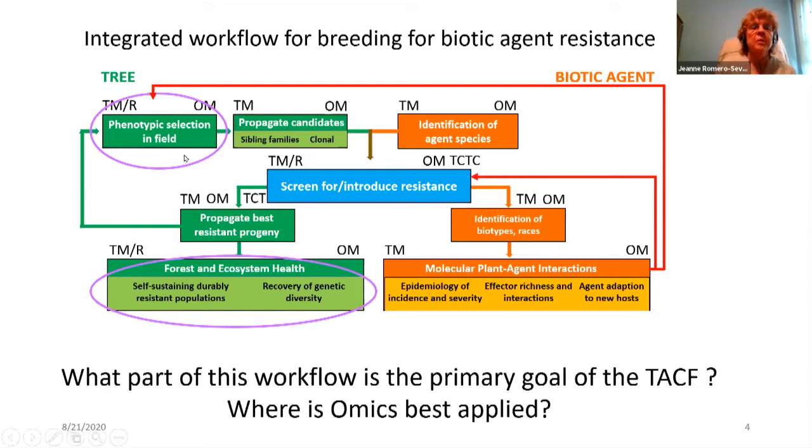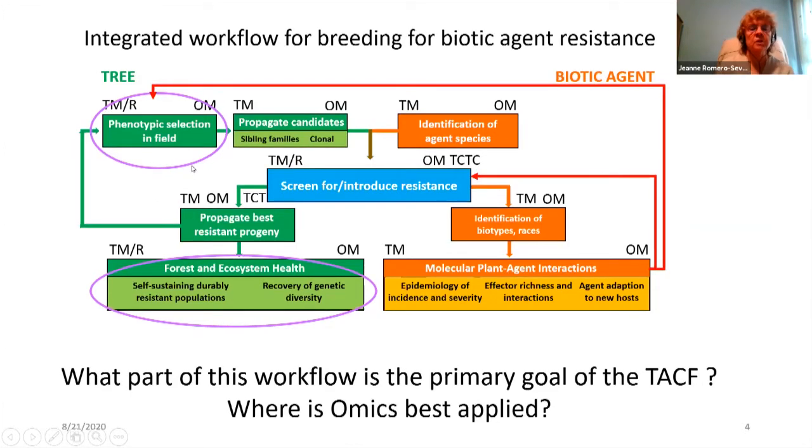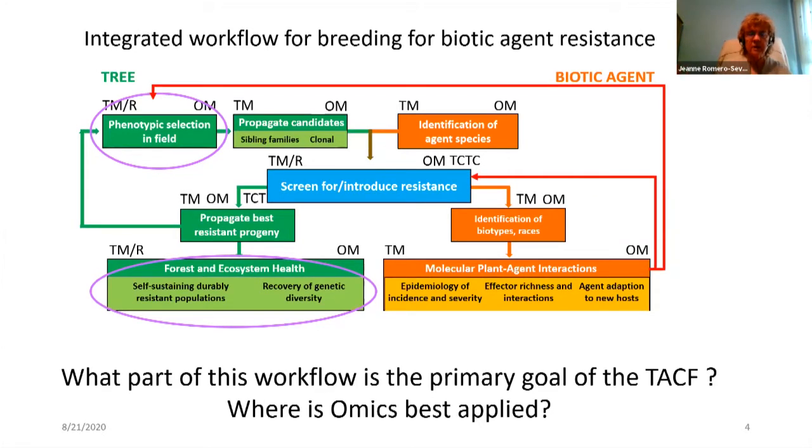And the biggest impact that you can make in terms of ensuring that that goal is met is right here in phenotypic selection. Even if you have a transgene or you can use CRISPR, ultimately it always comes back to you're going to make some crosses, you're going to pick out some trees, so the phenotypic selection part of the process is never dispensed with.